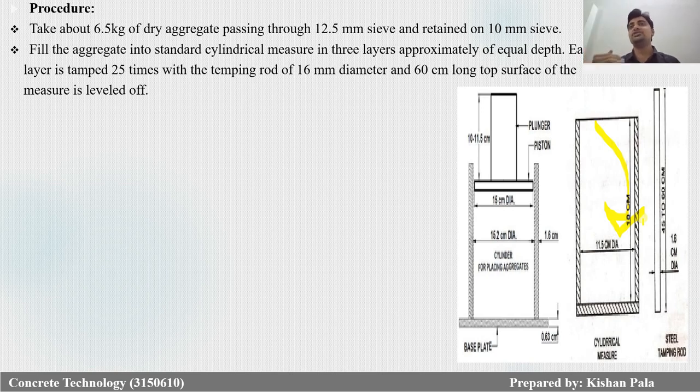layers and each layer should be tamped by the tamping rod 25 times. The dimension of the tamping rod is 16 centimeter diameter and 60 centimeter height. So you have to fill these aggregates in the mold in 3 layers and each layer should be tamped 25 times.